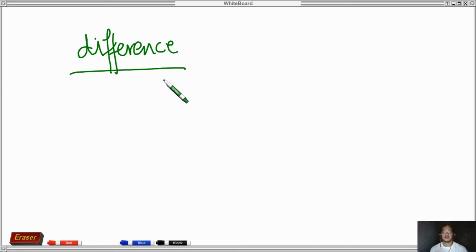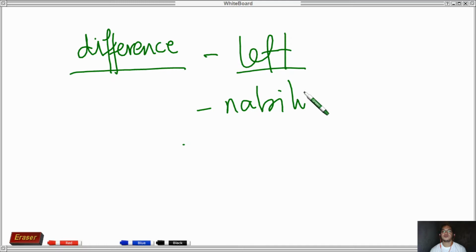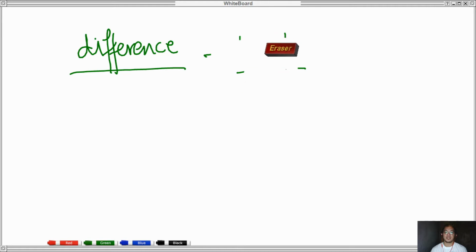So you have two sets, one is subtracted from the other, and then what is left is what you write. That is your main concern when dealing with the difference of sets. Let's have an example for us to understand it better.